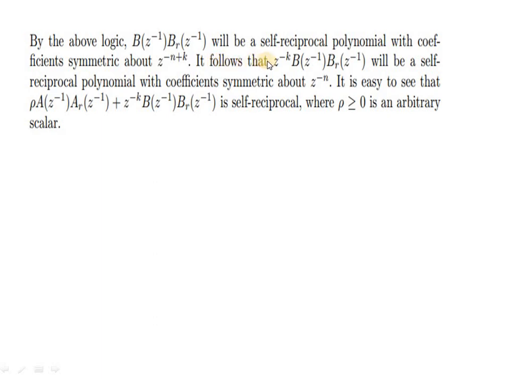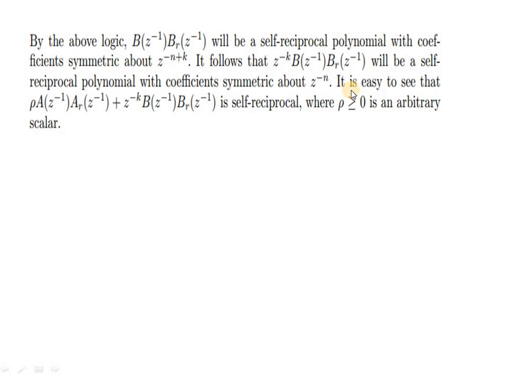At the same time, if instead of b of z raised to minus 1 into br of z inverse, we take z raised to minus k into b into the reverse polynomial br, then we can say that this polynomial is a self-reciprocal polynomial with coefficients symmetric about z raised to minus n.